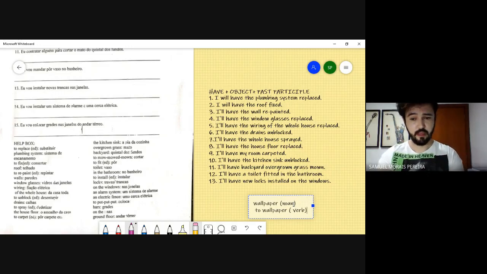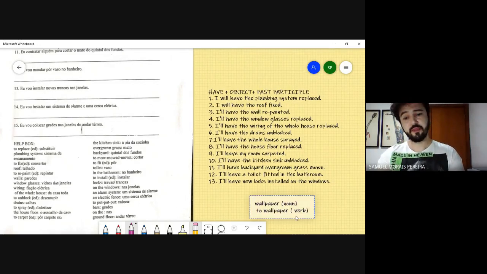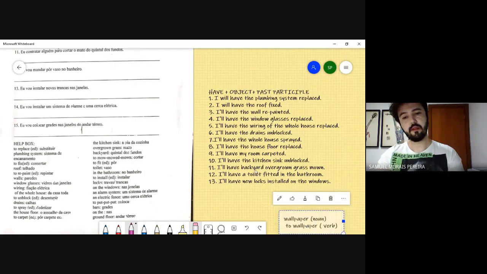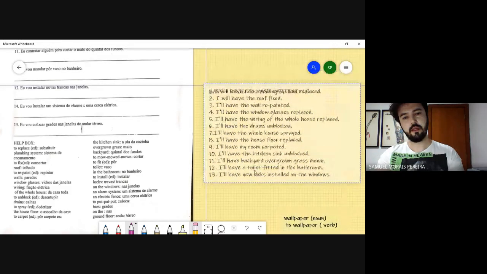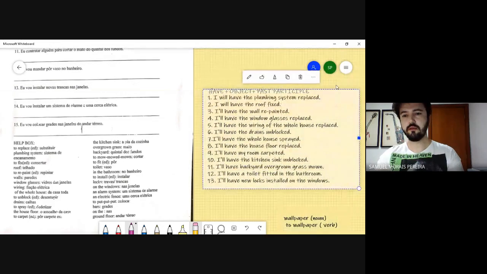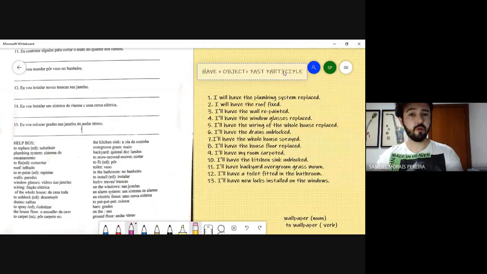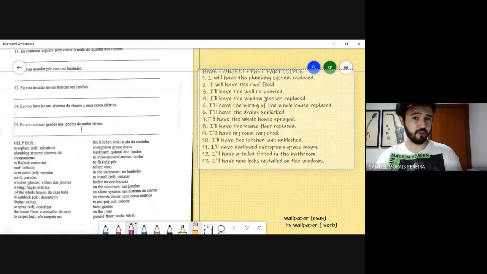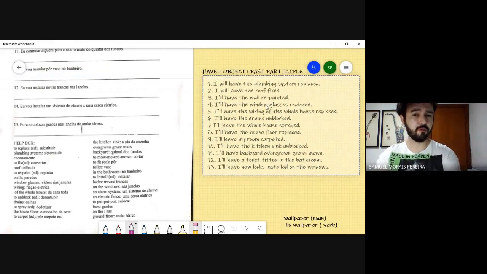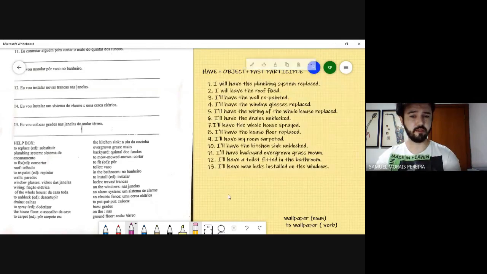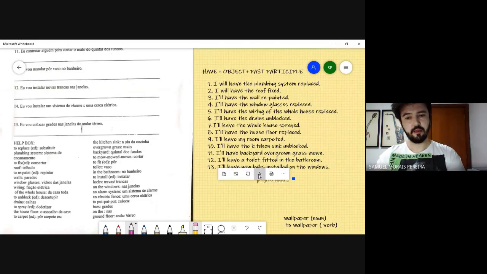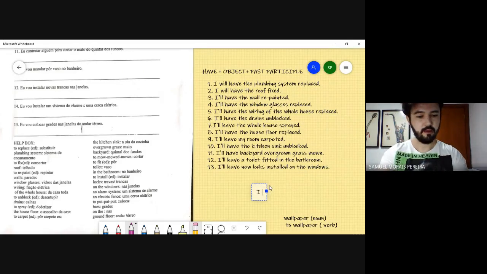The verb. So, for example, imagine I want to say something like, eu vou pôr papel de parede no meu quarto. Ó. Eu vou pôr papel de parede no meu quarto. Quando eu falo pôr papel de parede, quer dizer instalar papel de parede, né? Pôr literalmente na parede. You can say something like, for example, I'll have a wallpaper.